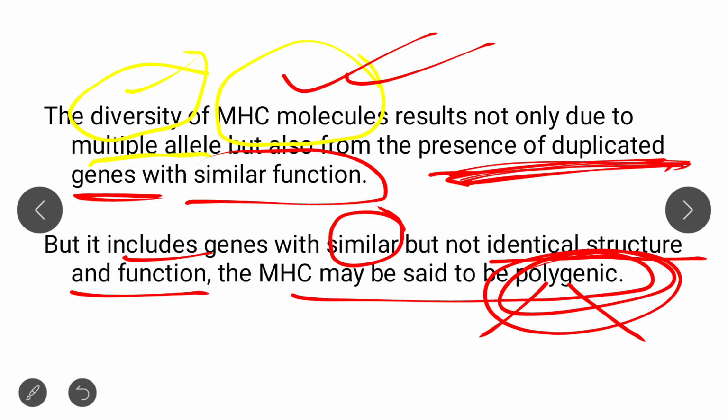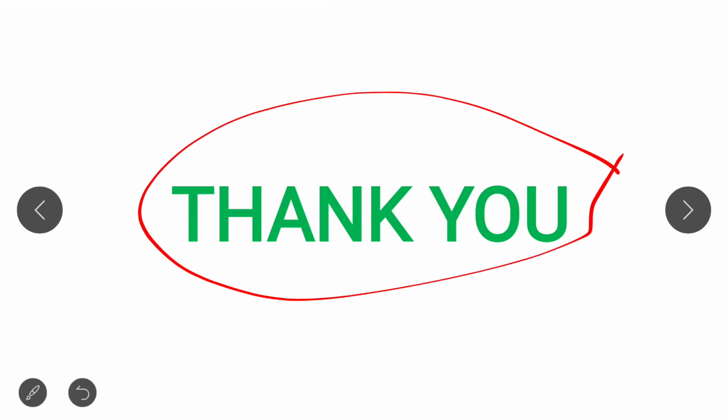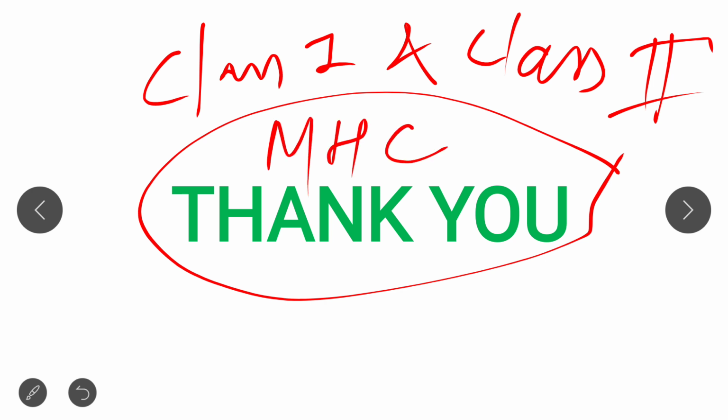So this is all about the total concept of MHC, MHC 1, MHC 2. Clear? In tomorrow's class, I will briefly discuss the difference between class 1 MHC and class 2 MHC, because this difference is very, very important.